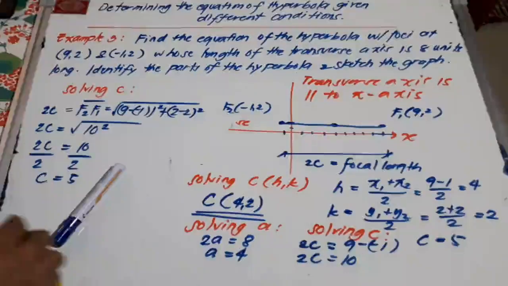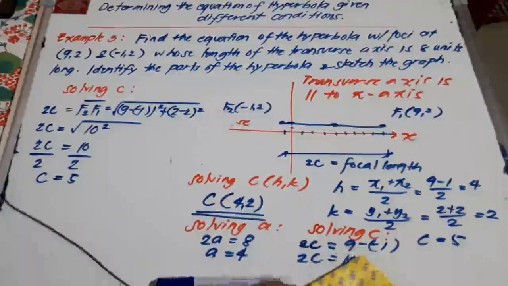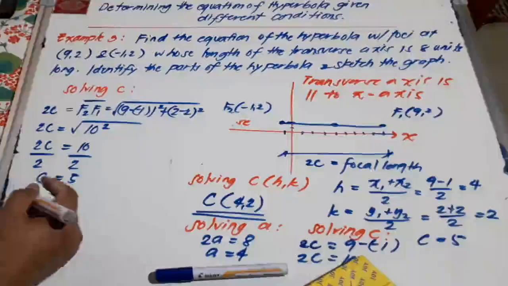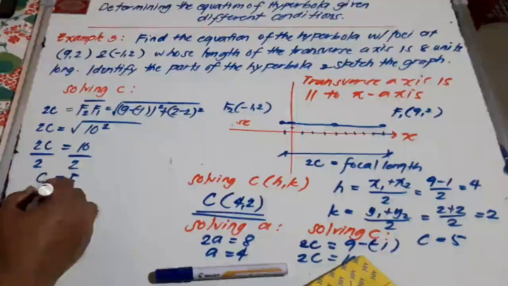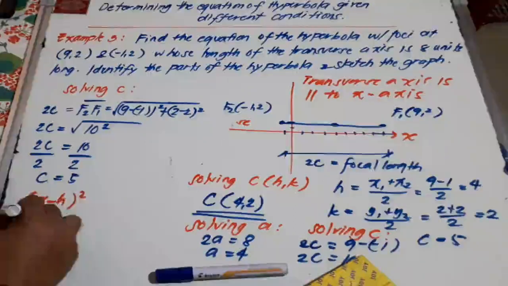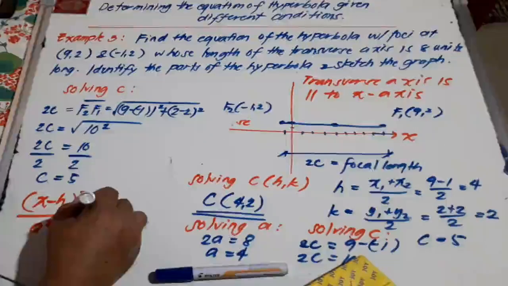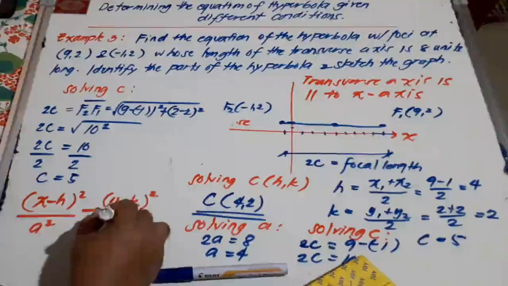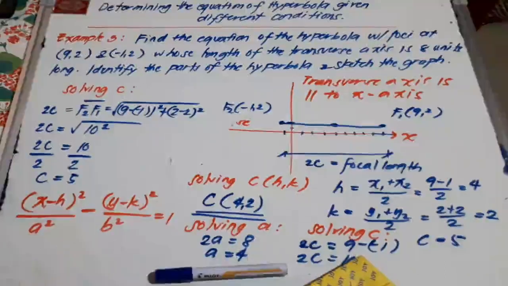Since parallel siya, ang gagamitin natin na equation ng hyperbola para ma-solve yung equation na to with these conditions is this one. Positive C, x squared term. X minus h squared over a squared minus y minus k squared over b squared equals 1. Okay? Gagamitin natin.